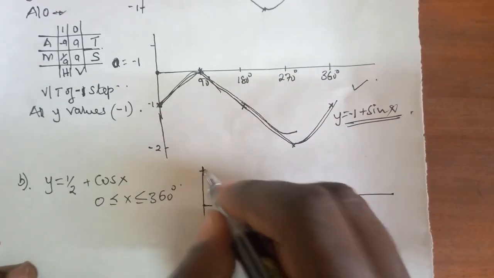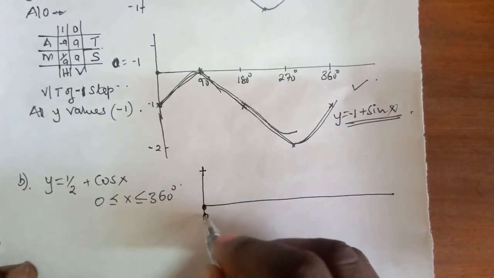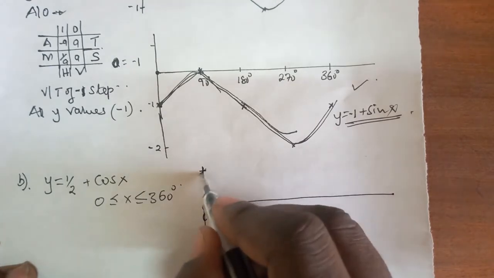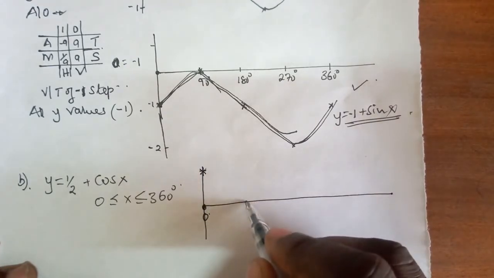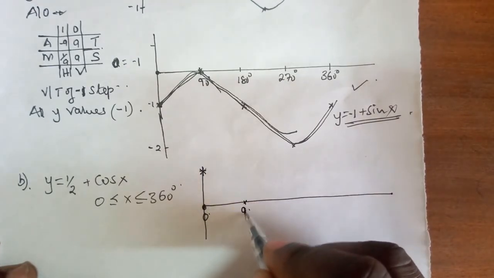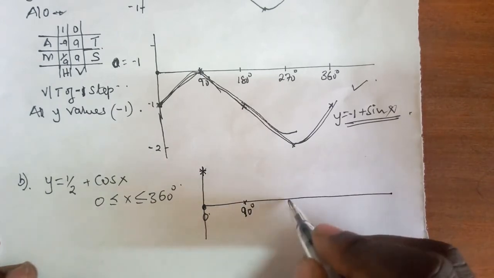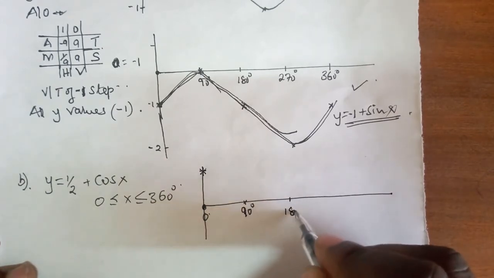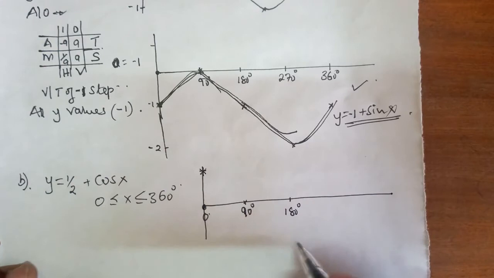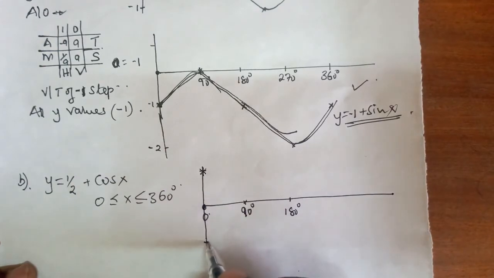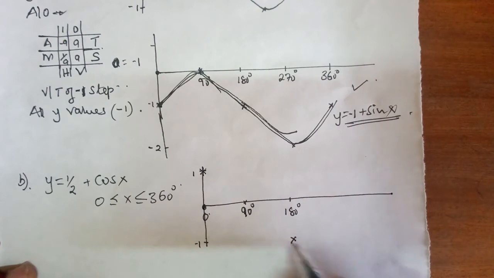We know that when x is 0, cos 0 is 1. When x is 90, cos 90 is 0. When x is 180, cosine 180 is -1.